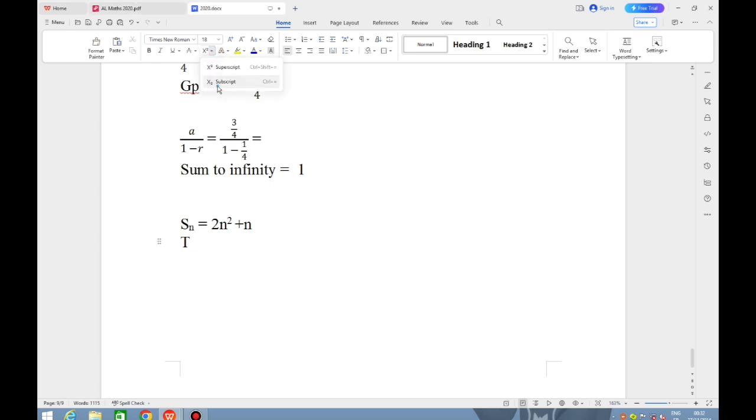The Tn term can either be the sum of the first n terms, Sn, minus S(n minus 1), the sum of the first n minus 1 terms.